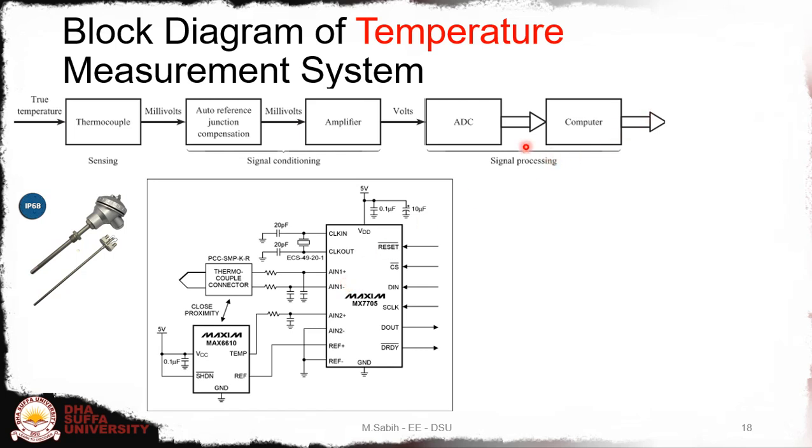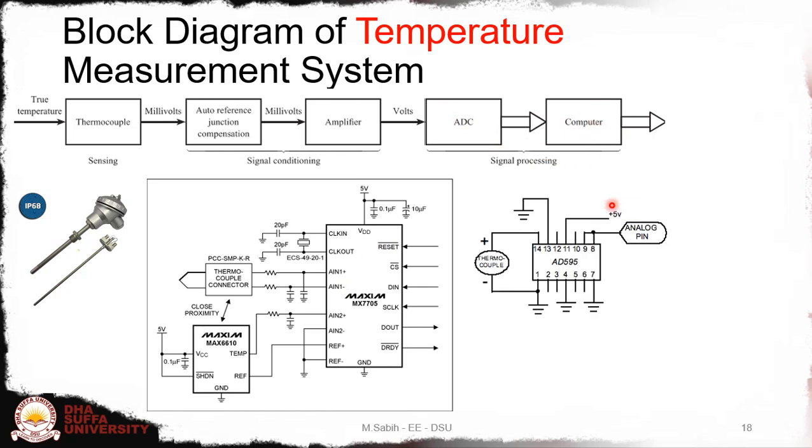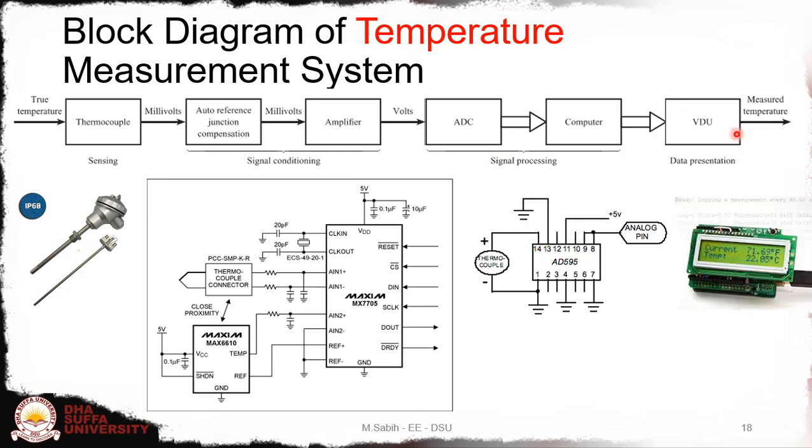Then comes the signal processing, which consists of the analog to digital converter and a computer. Here is the example of the EE305, which is shown here as the signal processing part, and this is finally sent to data presentation. It may be an LCD or a computer.